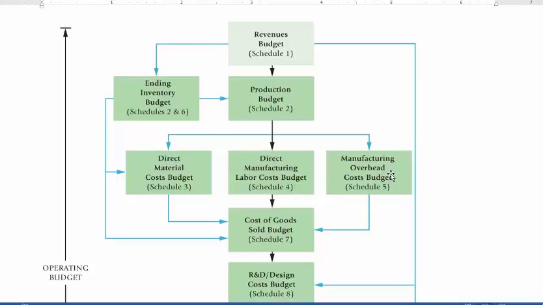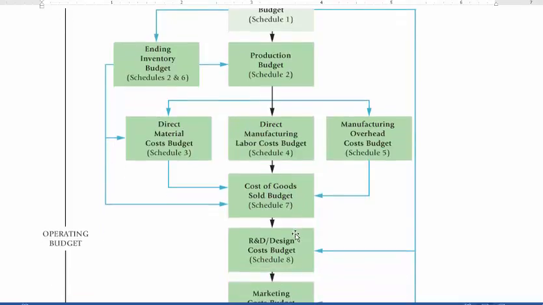And again, our manufacturing overhead is also part of our manufacturing cost related to the product, and therefore our cost of goods sold per unit is also going to include those. So notice that direct materials plus direct labor plus manufacturing overhead are going to help us to develop our cost of goods sold number and our cost of goods sold budget.